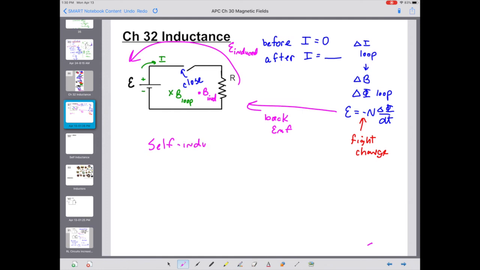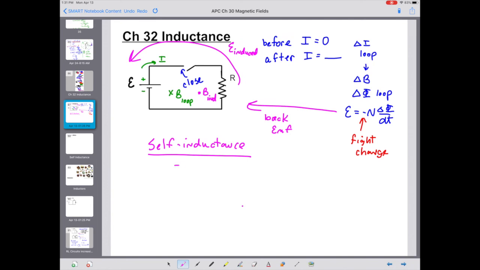This idea is called self-inductance. Now, for a simple circuit, it doesn't make a whole heck of a lot of difference because there's just not enough there. The change will be opposed ever so briefly, but generally for a simple circuit, we will just ignore it. But if you have a circuit where you have more loops, say like a solenoid, then that self-inductance becomes important.